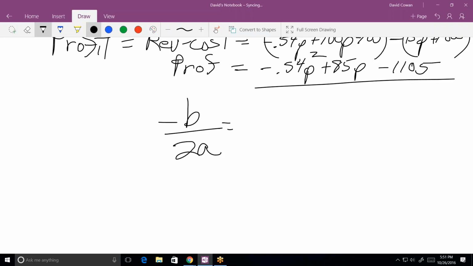In other words, the next step for finding the P that's going to maximize profit is to find the vertex of this other parabola. You got to find, not the x value, but the P value, because the horizontal axis here is P. The vertical axis is profit.